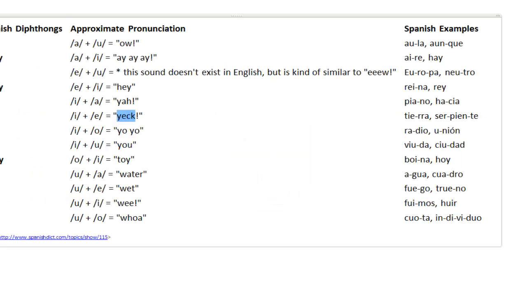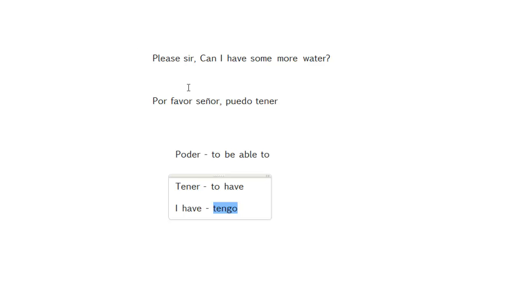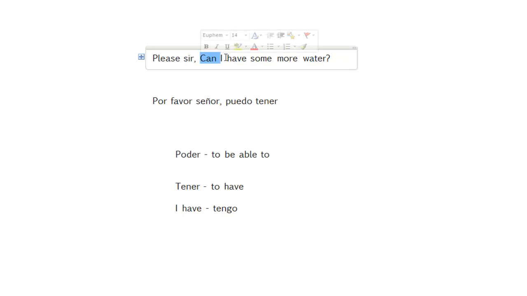Where are we? Let's get back. Okay, so here we're back to our thing. Puedo. Now can I have, now in English, because this can doesn't have to, right, you don't put can I to have some water.